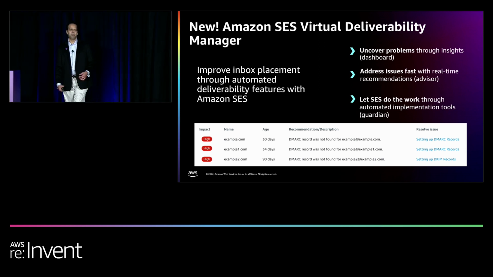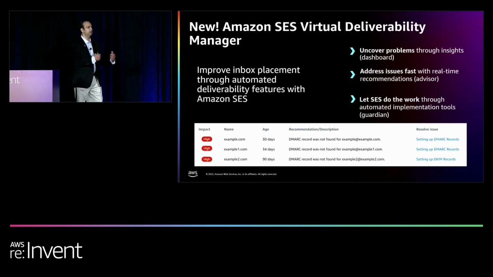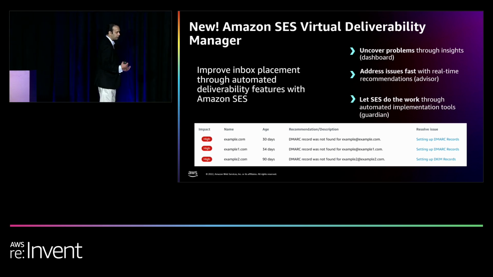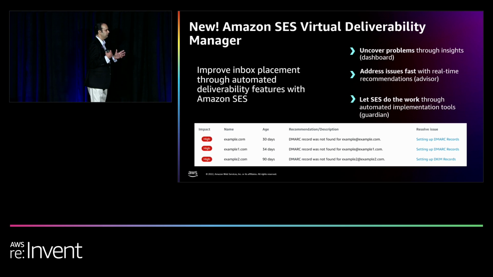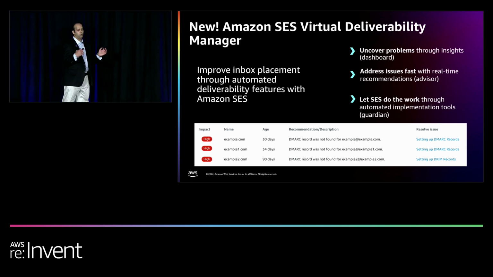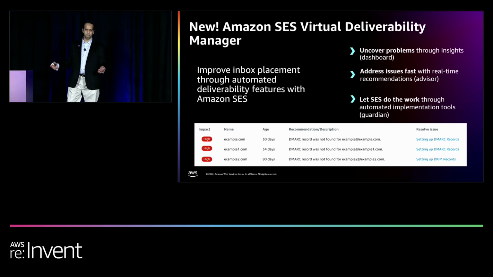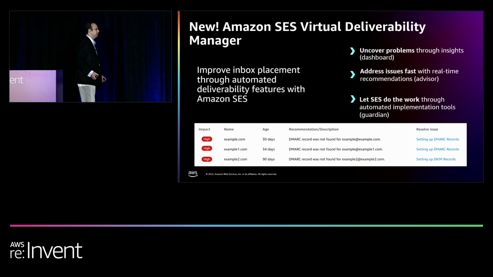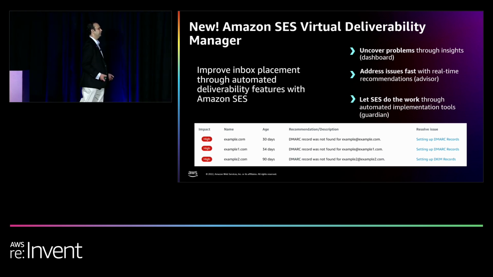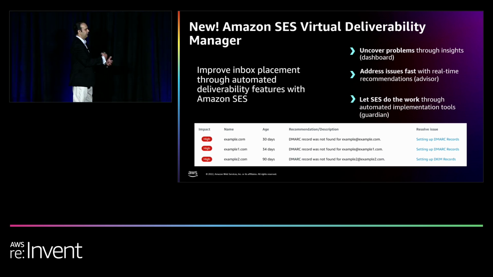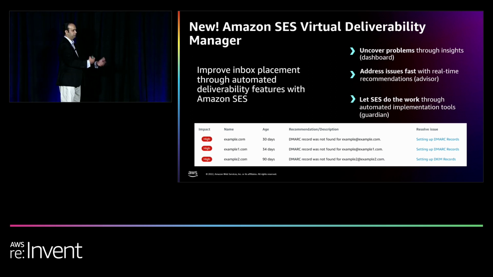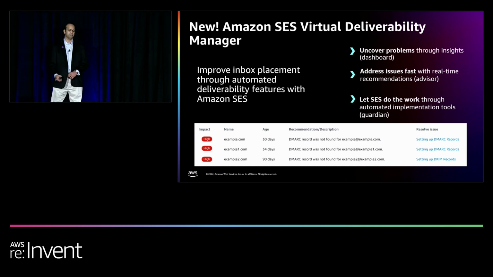So SES launched basically a series of automated insights, almost like a guardian program, to ensure that customers understand why emails are not making it to customer inboxes, what's happening from a tracking and delivery perspective, and how we can ensure a higher degree of availability from a deliverability perspective for these important notes.